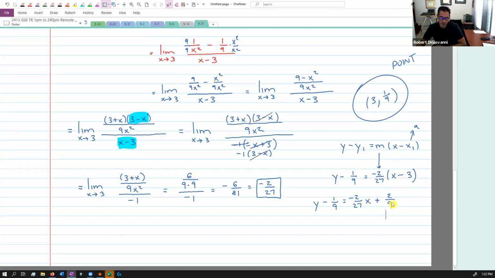So I reduced the fraction already. Add 1/9 to both sides. And we should get a final answer here. y equals -2 over 27 x. 2/9 and 1/9 is 3/9, right? And 3/9 is 1/3.